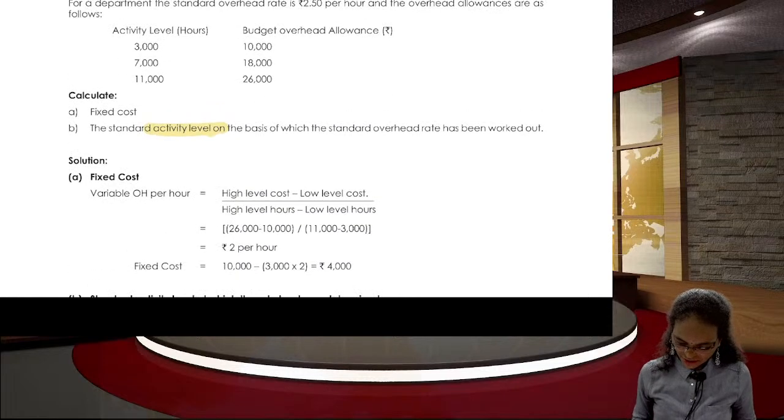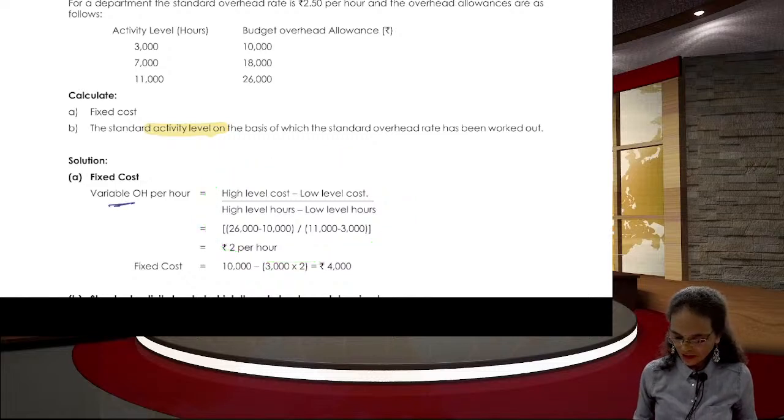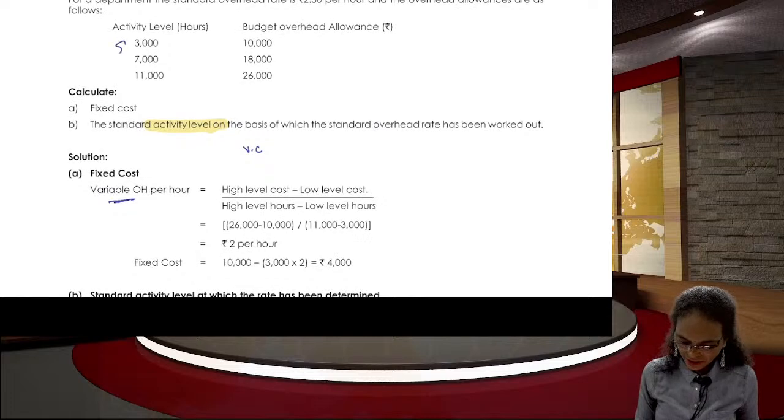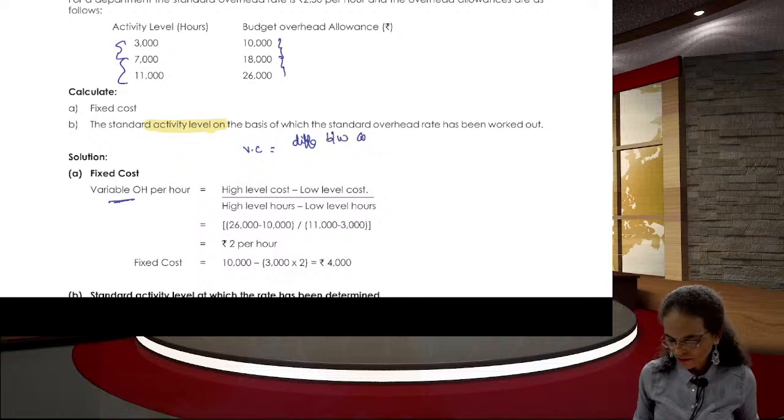See this one, I'll tell you the formula in a simple way. Variable cost: when levels are given like this, variable cost equals the difference between costs divided by the difference between units.